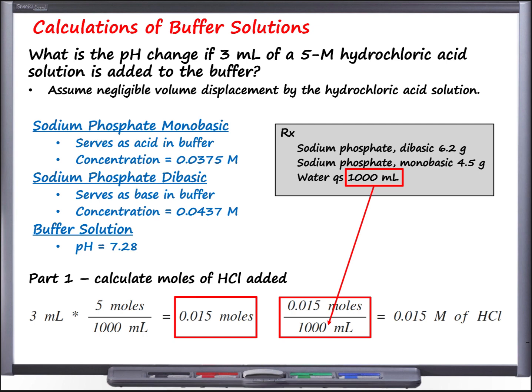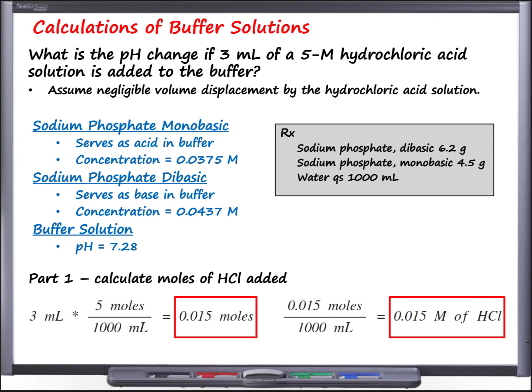For the simplicity of our numbers, we're going to ignore the volume displacement by the 3 mils. We're going to say that 1,003 mils is not significantly different from just 1,000 mils. That's an assumption here, but let's use that so that our numbers stay relatively nice. So, essentially, we have 0.015 moles in a final volume of 1,000 milliliters. Therefore, we really are adding 0.015 molar of hydrochloric acid. From that, we can proceed on, but that was the important first step.